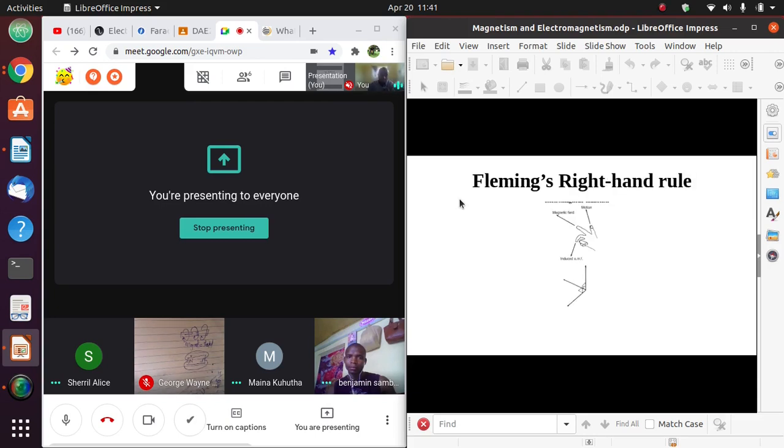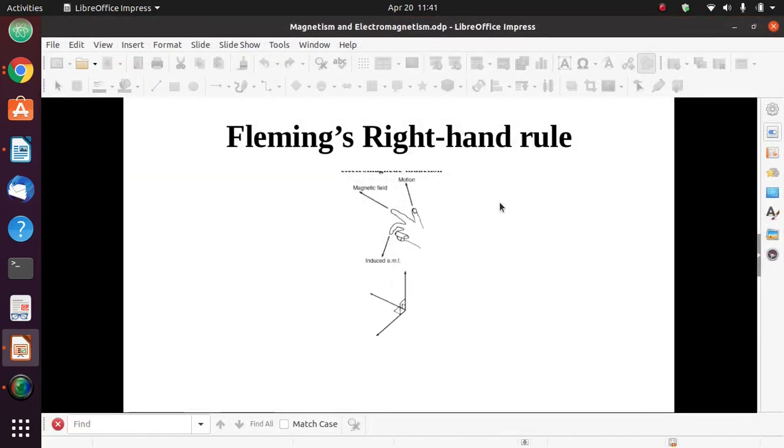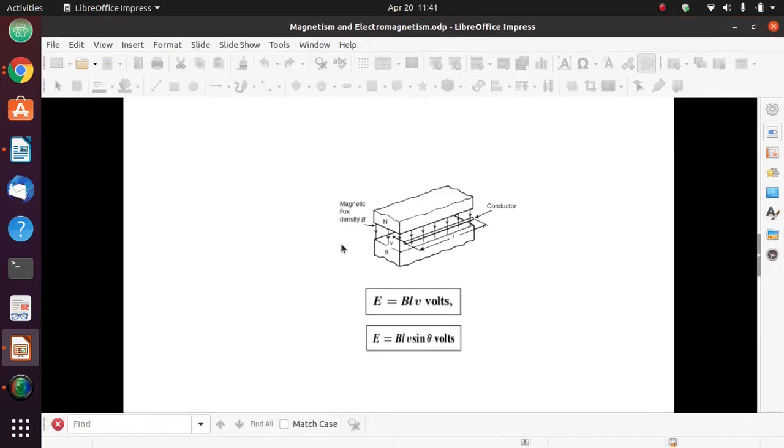Now, an alternative way of determining the direction of the induced voltage in electromagnetic induction is Fleming's right-hand rule. I don't know if you can see that diagram well. Is it clear? It is too small. Okay.